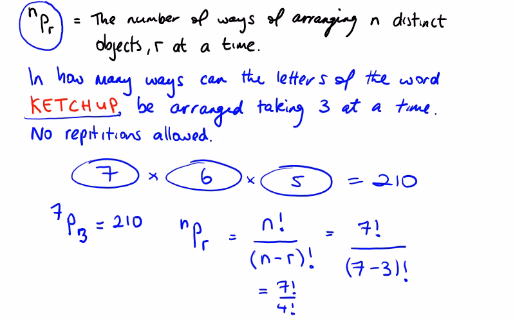And that's why it becomes 7 by 6 by 5, because on top we'd have 7 by 6 by 5 by 4 by 3 by 2 by 1 over, we line these up, 4 by 3 by 2 by 1. The 4's cancel, the 3's cancel, the 2's cancel, the 1's cancel, and we're left with 7 by 6 by 5. Make sure you have this down before moving on.